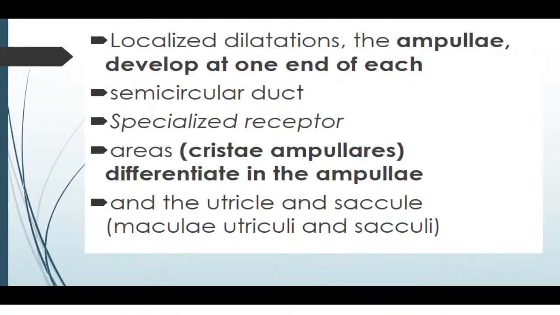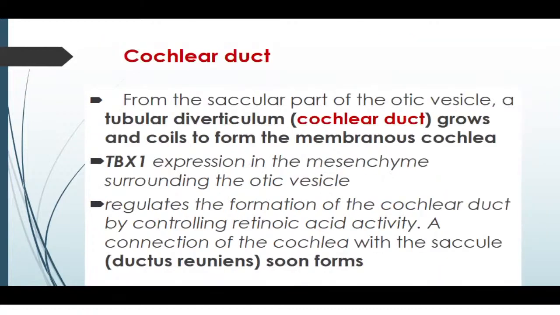Localized dilatations, the ampullae, develop at the end of each semicircular duct as specialized receptor areas, the crista ampullaris, in the reach of extension of the semicircular canals. They differentiate into the ampulla, and the utricle and saccule form the maculae, macula utriculi and macula sacculi. The macula is also a special receptor.